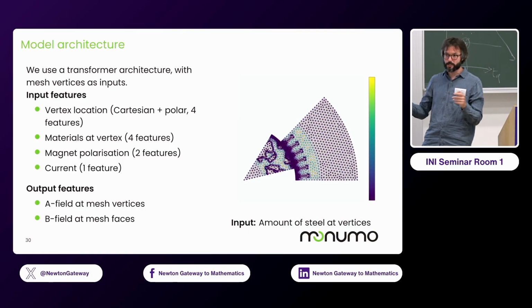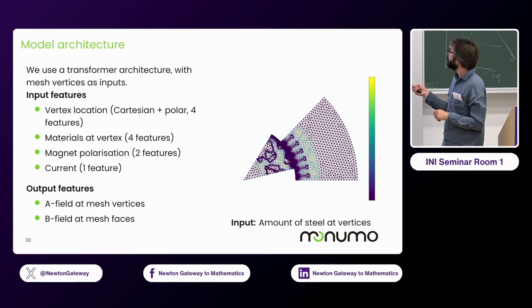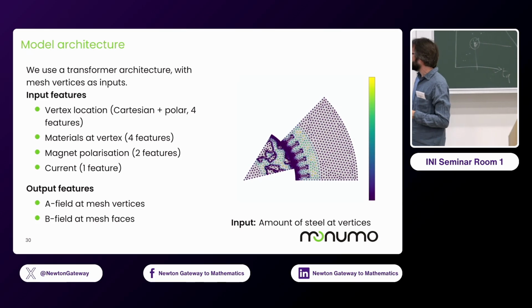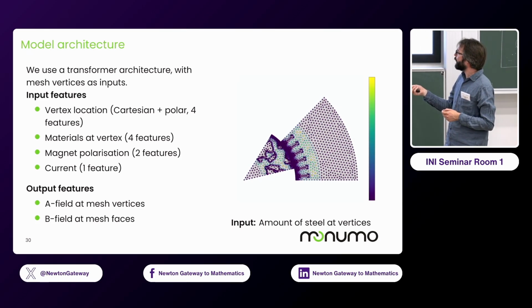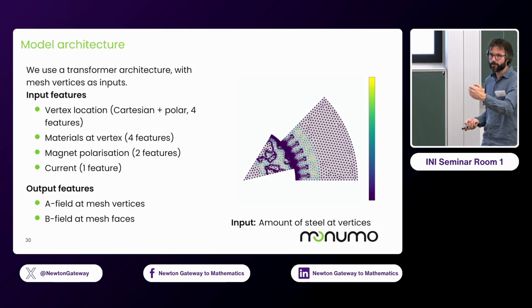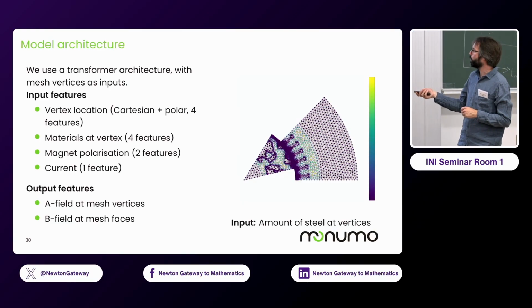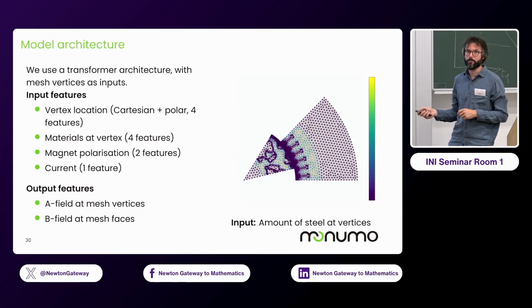We ignore the edges at that point. We want their location, in both polar and Cartesian coordinates, the material present in the vicinity of the vertex, the polarization around the vertex, and the current captured by the vertex too. The output feature is A, the main one, that's really the one predicted with ML, and then analytically from A to B.